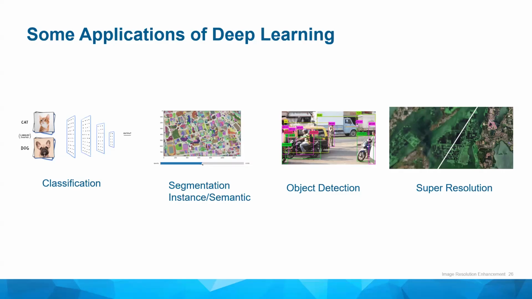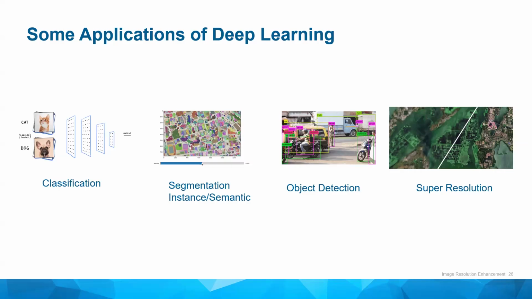The other one is segmentation, which classifies each pixel in an image into a different category. For example, identifying roads, buildings, vegetation. We have two types. I might talk in the next slide about it.